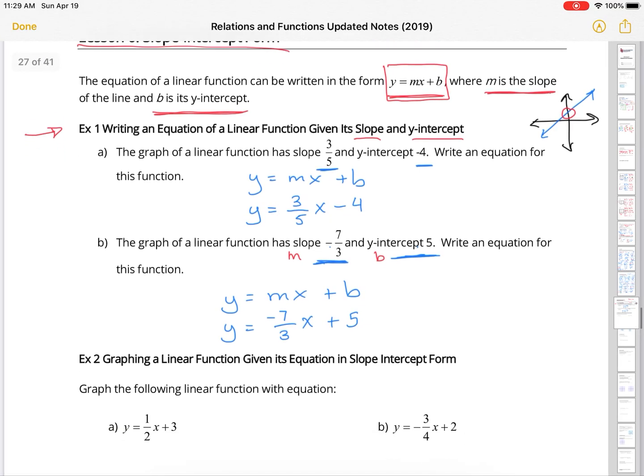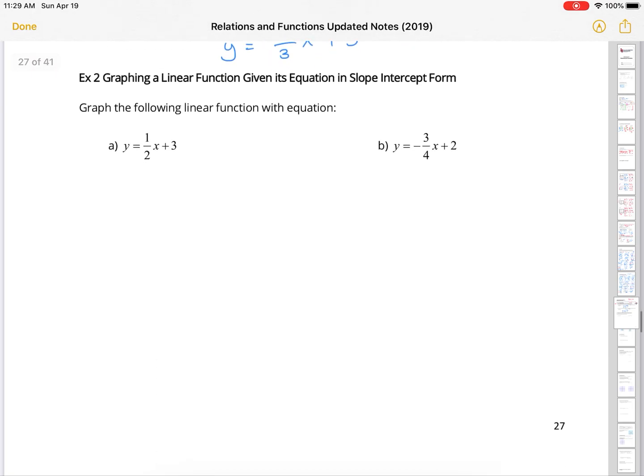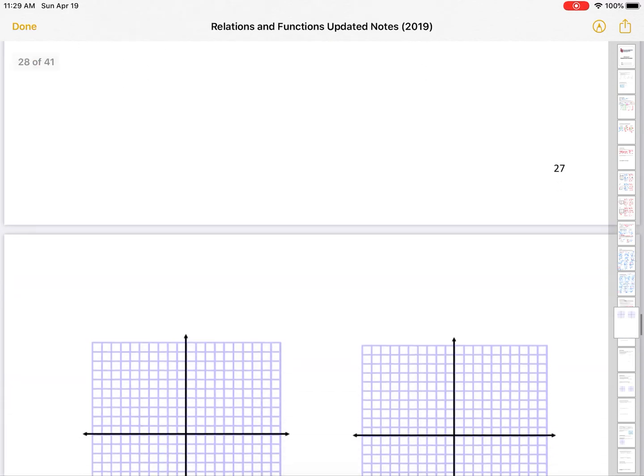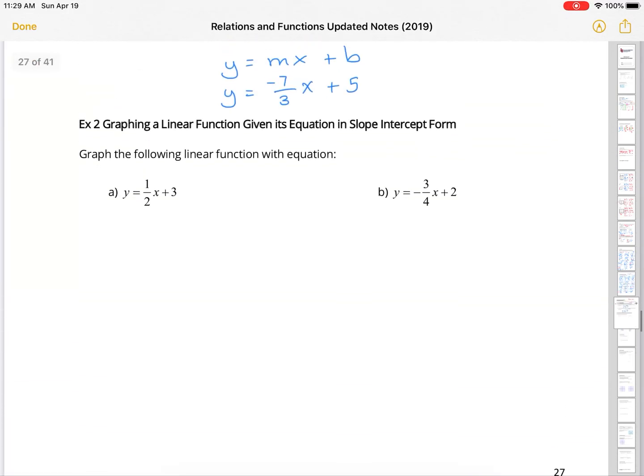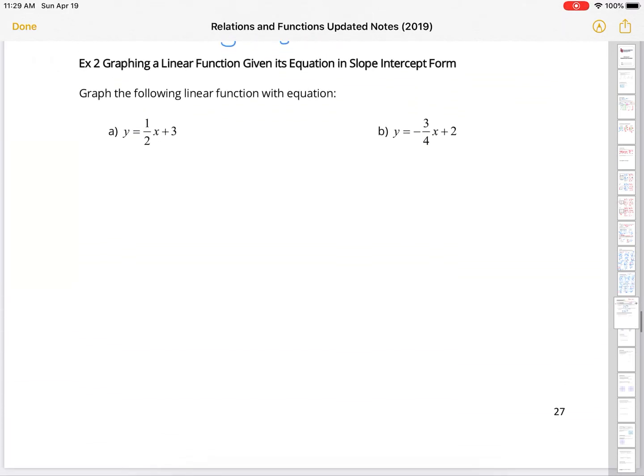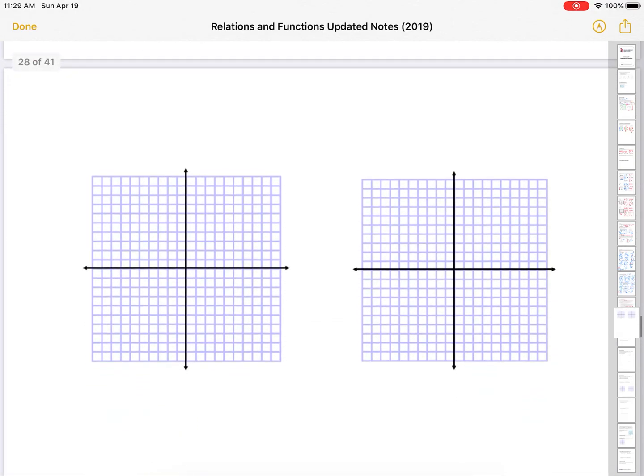Now, if we're graphing a linear function with that equation, unfortunately my graphs are on the next page. Yours should be all on the same page. So here we have for A, y is equal to 1/2 x plus 3.